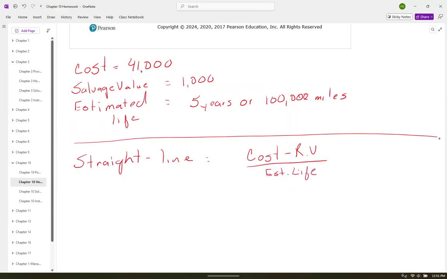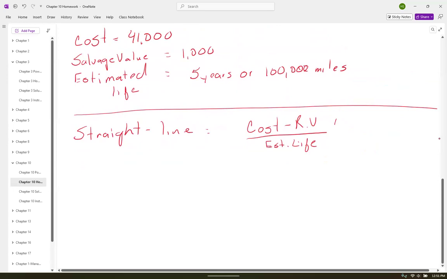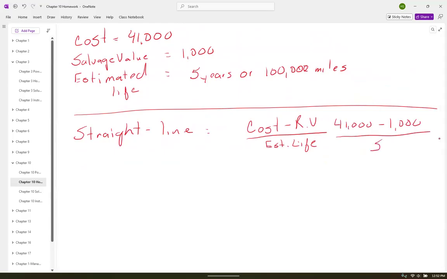They'd already calculated that depreciable cost, which is this cost minus residual value, so that is equal to 40,000. Let me write it out so you see the mechanics a little better. We have 41,000 minus 1,000 divided by 5.